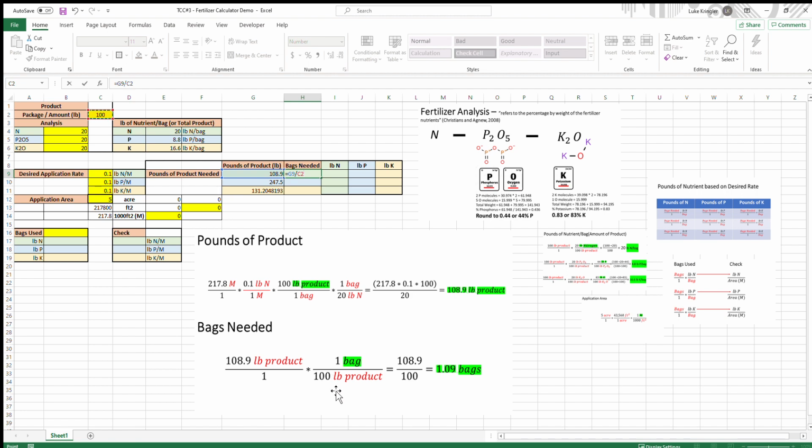As you can see in the slide, one bag, 100 pounds of product, and it will allow this pounds of product to cancel and leave us with bags.